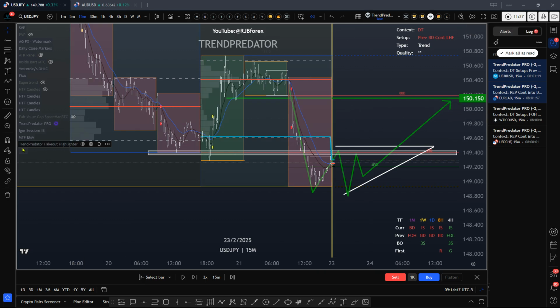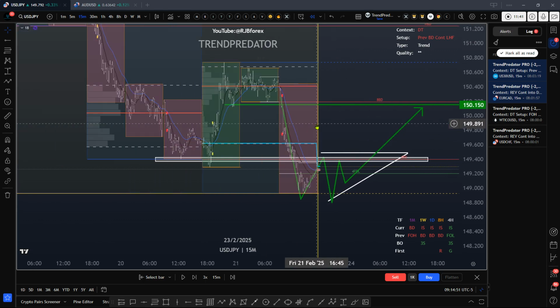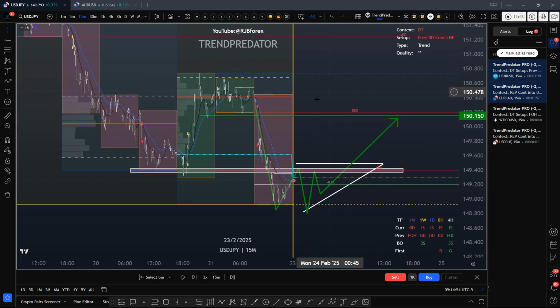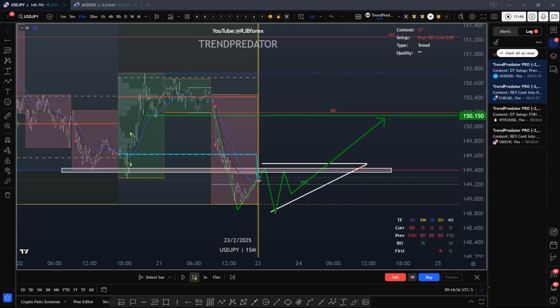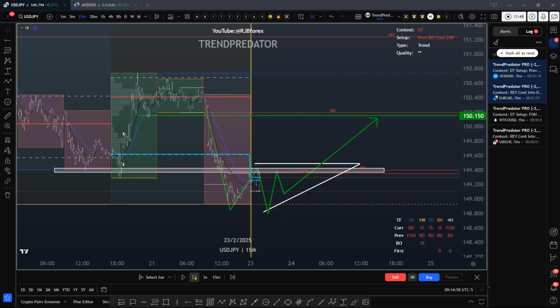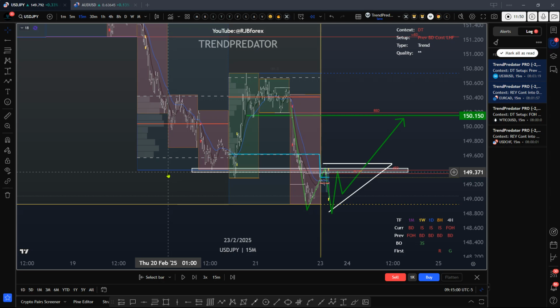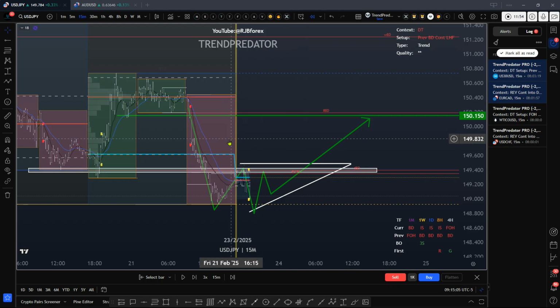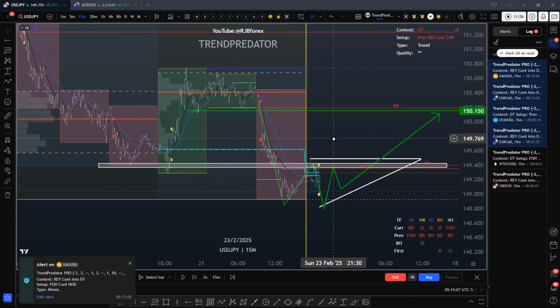So the dollar yen then went from being a bearish setup because it was still below Thursday's lows. So it's still suggesting that this can go lower.